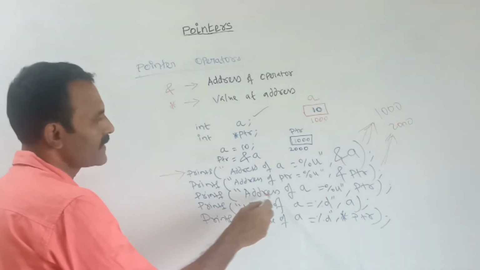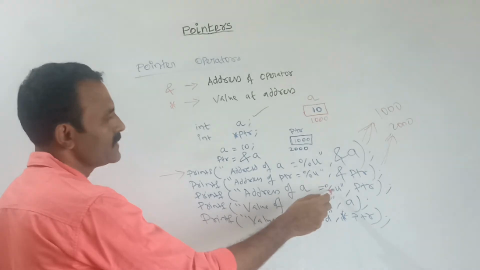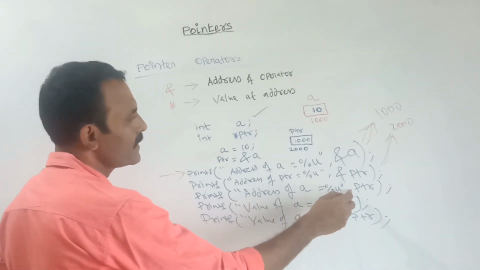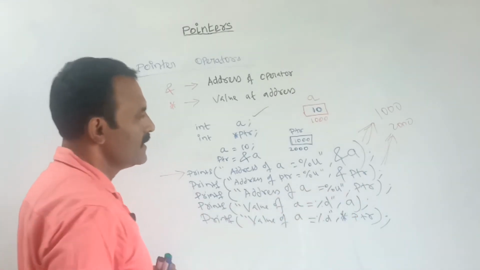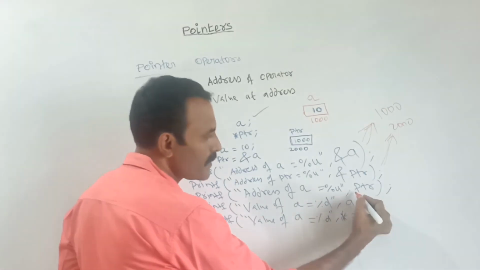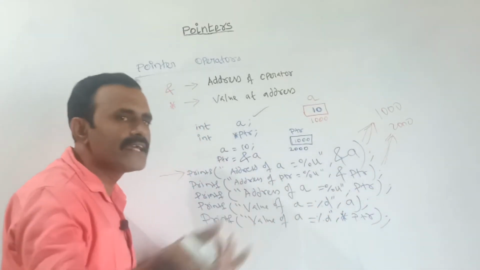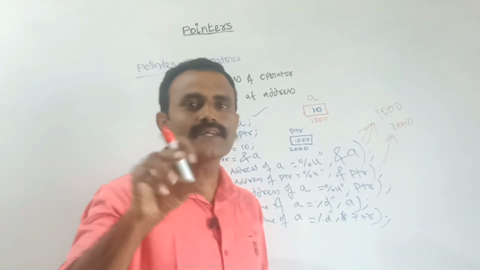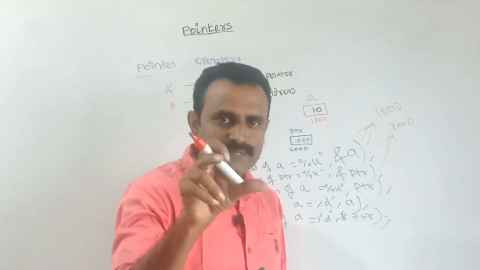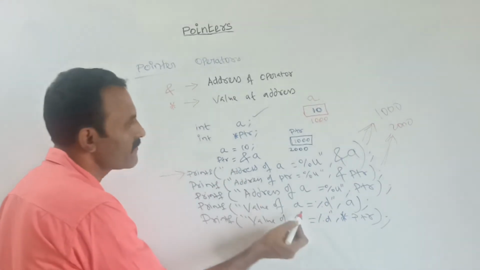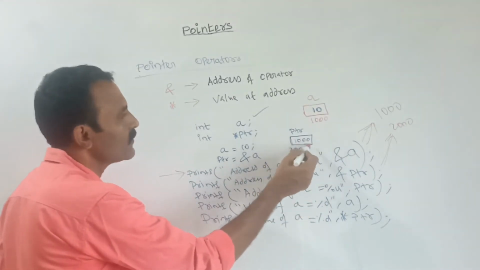Next one, address of a is equal to percentage u. Next, I am telling it to print ptr. See here, I am simply telling it to print the pointer variable, that is, the value inside this pointer variable will display. See, inside this ptr variable what is the value? 1000.